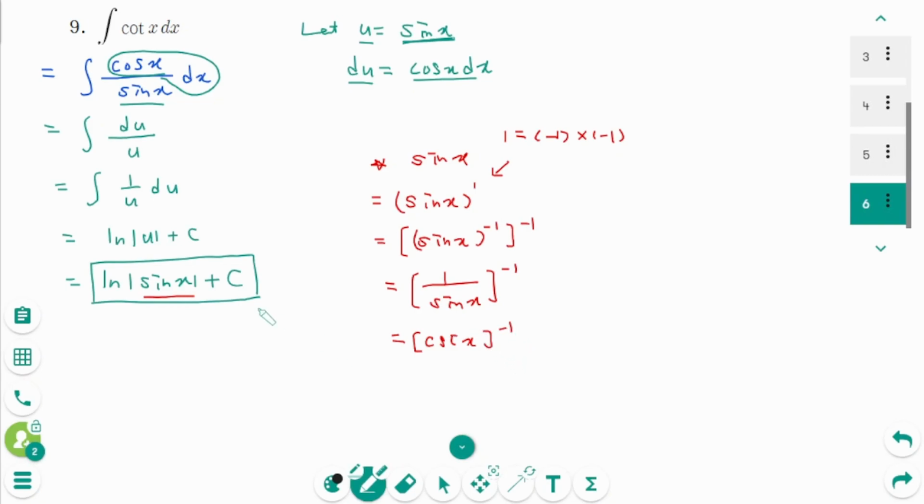Then back to the original, ln absolute value of cosecant x to the power of minus 1 plus c. The minus 1 can go down: minus ln absolute value of cosecant x plus c.